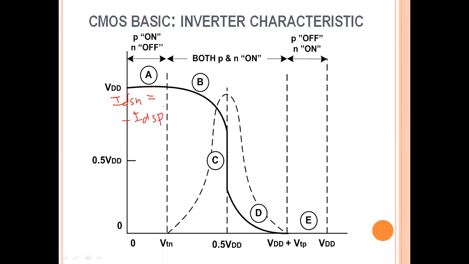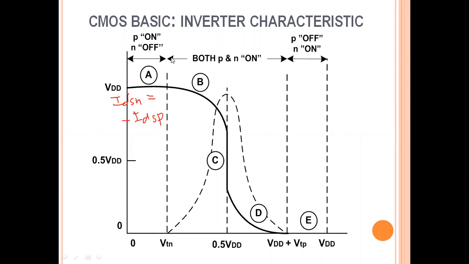Here Vout will appear as almost equal to VDD. If VDD is 5 volts, then 5 volts will appear across the output terminal in region A, right?